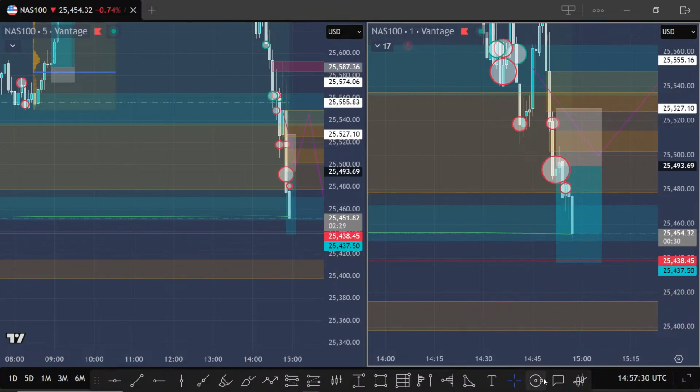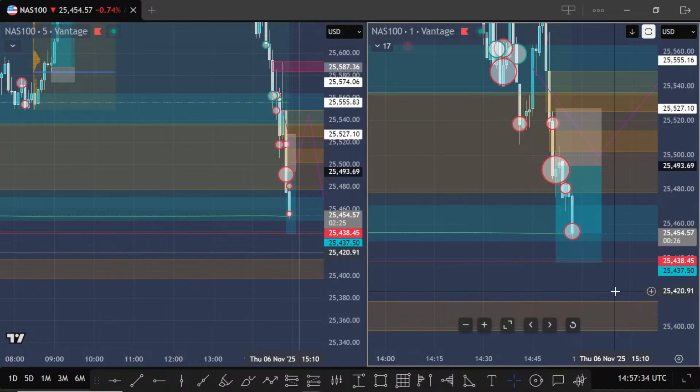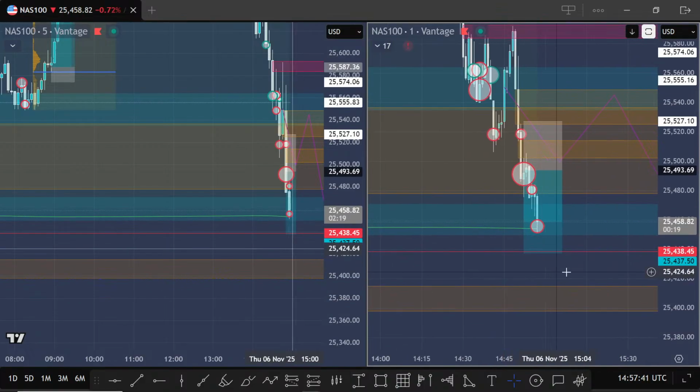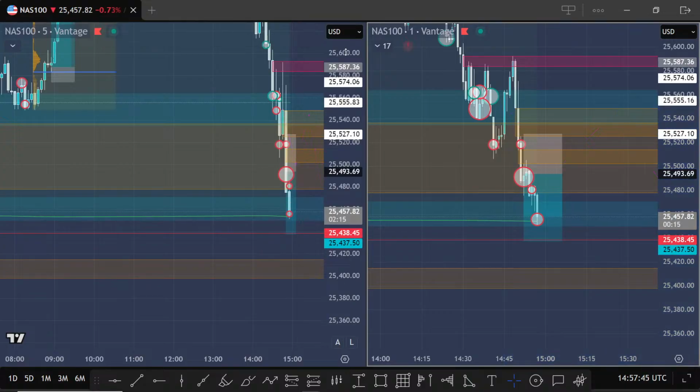And now I've got more aggressive sells coming in. We'll see. I'll definitely close one of the two entries that I've taken at 1 to 2.